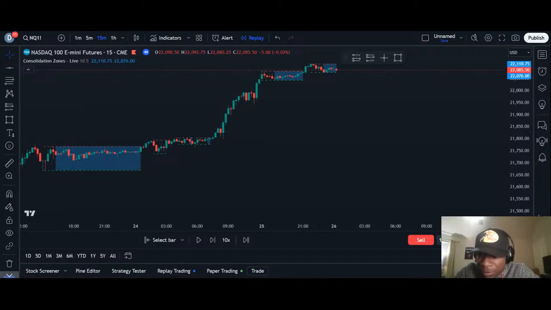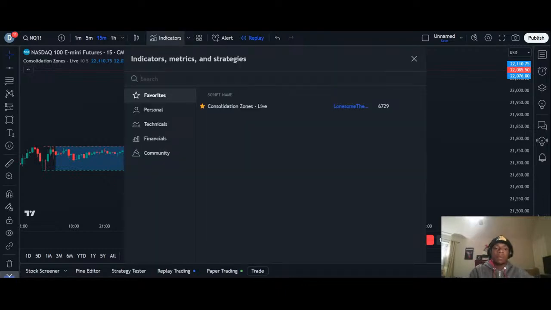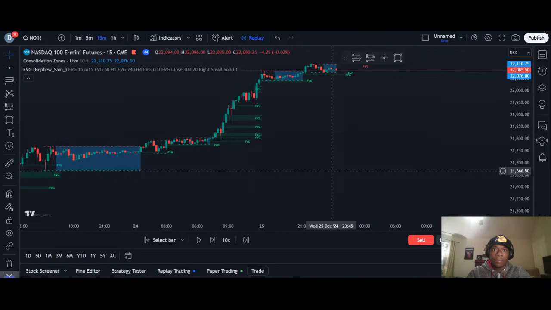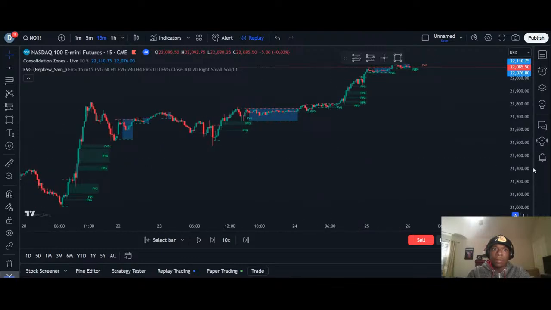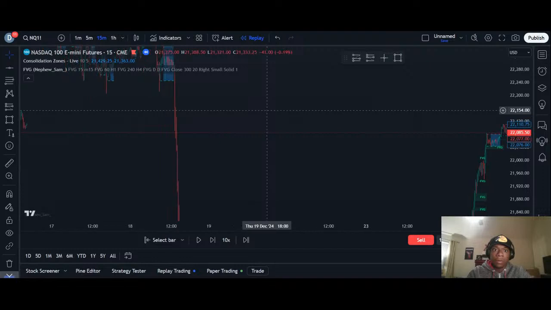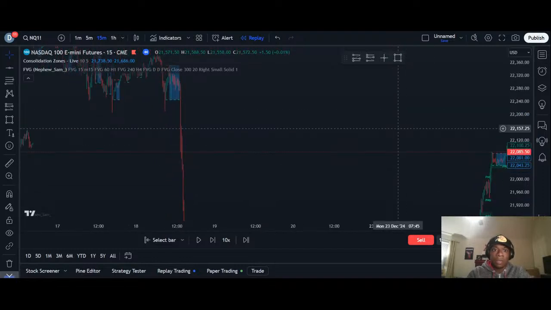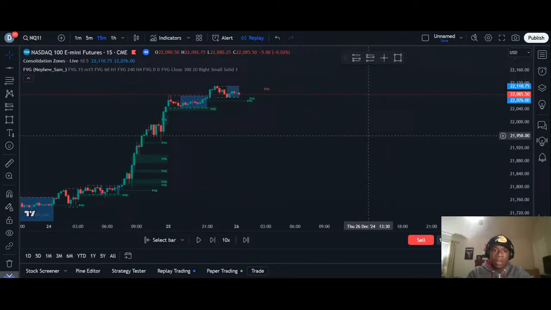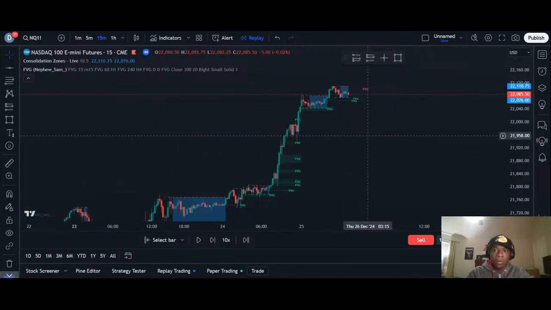Fair value gap. I don't know if y'all might know this, but I used to use an FVG indicator, and it works pretty good. On the 15-minute time frame, it'll show you all the fair value gaps for the most part.